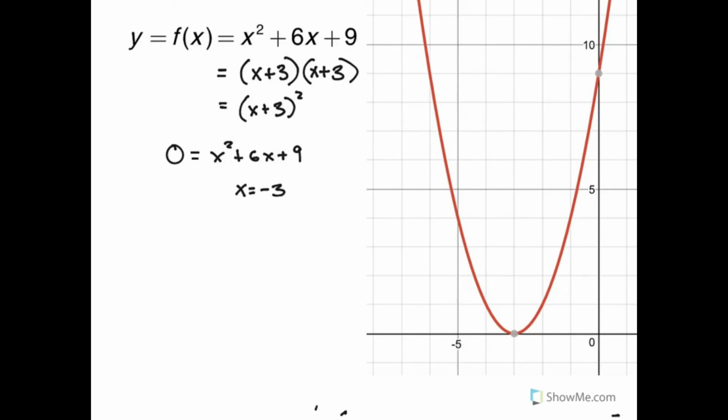The graph only goes through the x-axis in one place, at x equals negative 3. And the only way that can happen is if that's the vertex. The x-coordinate of the vertex, using the formula negative b over 2a, is negative 3, and the y-coordinate is 0.